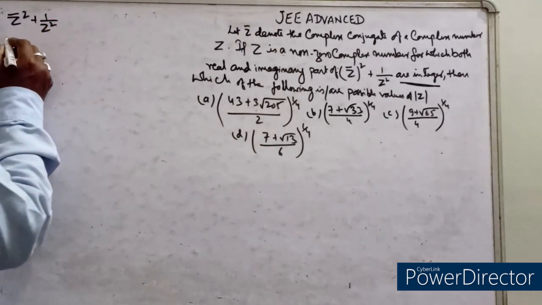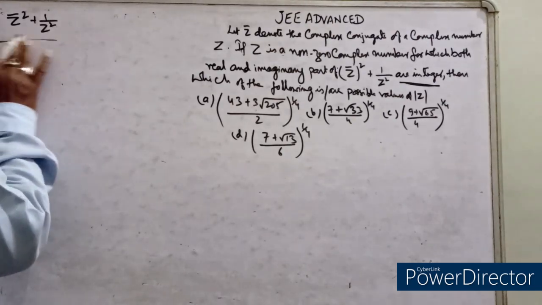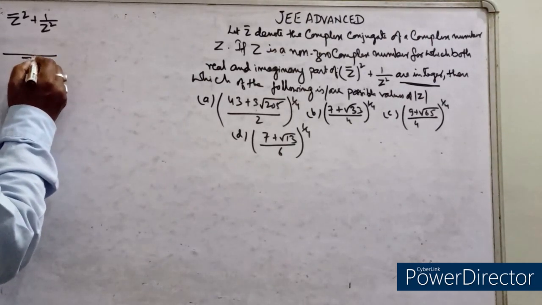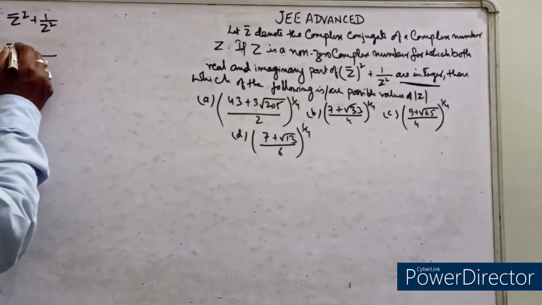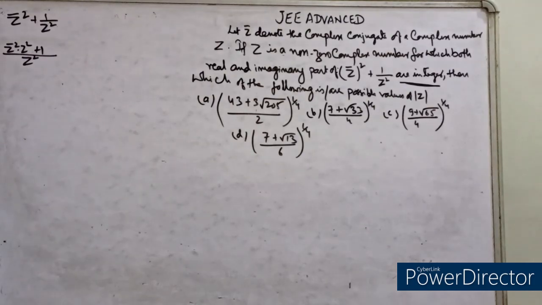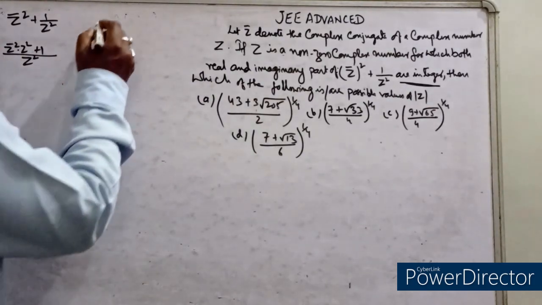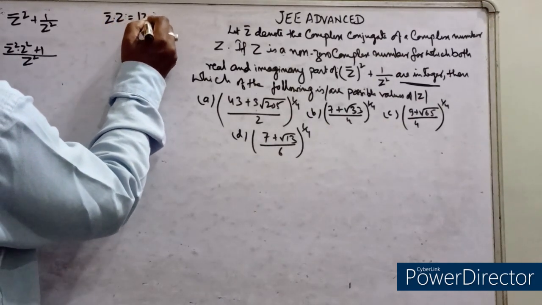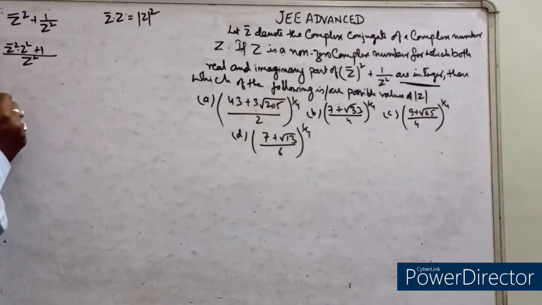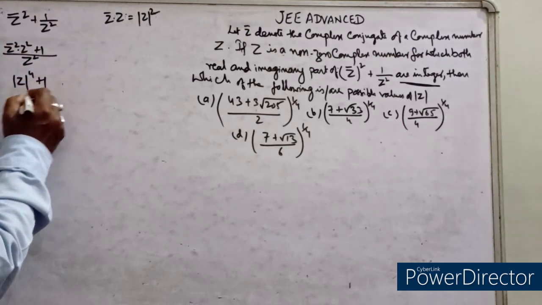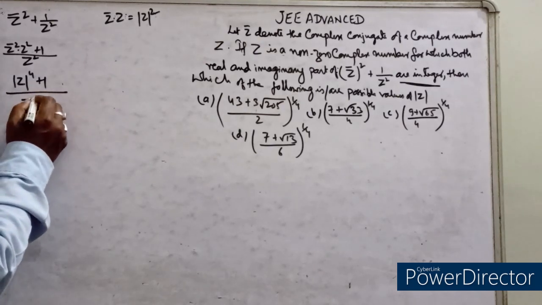Now, if you take the LCM, z square, this will be z bar square into z square plus 1. Now you know that z bar into z is equal to modulus z square. So this will be modulus z to the power of 4 plus 1 by z square.